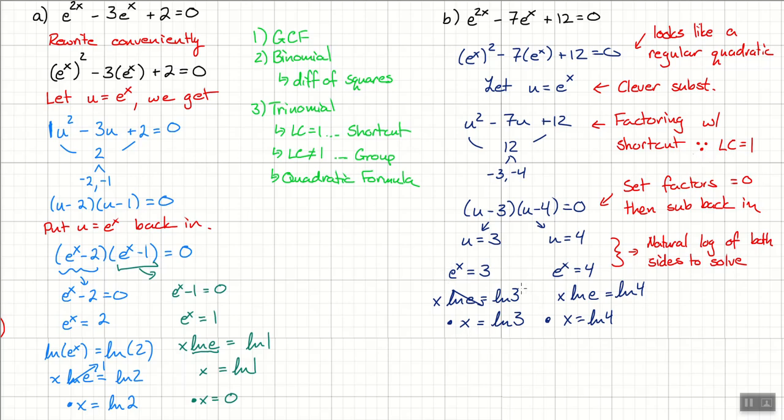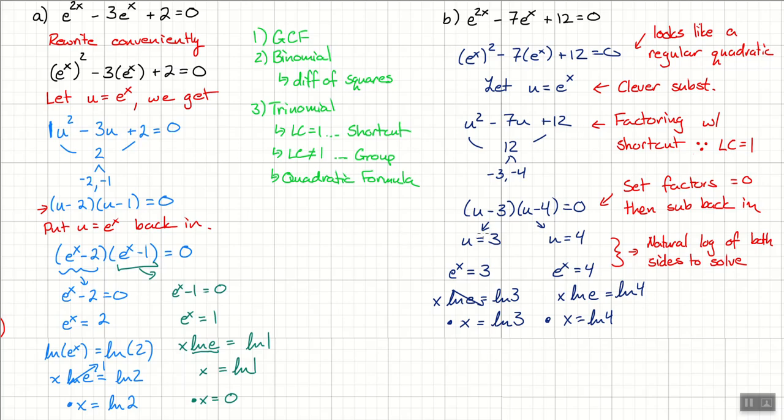We factor it, and then here's the only thing I've done different. Instead of replacing u with e to the x right here, if it's easier, you can set each factor equal to 0 and then substitute in. So notice on this one, once I got to u minus 2 on the problem A, I replaced each u with an e to the x, and then I set it equal to 0.